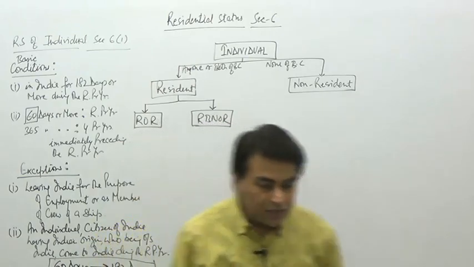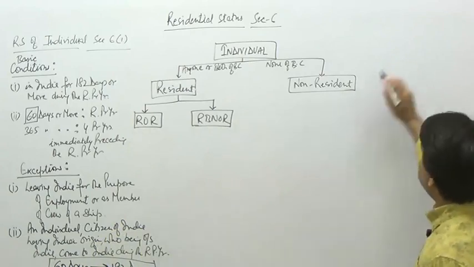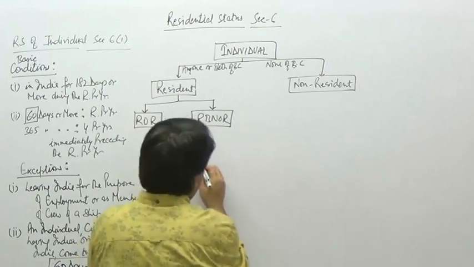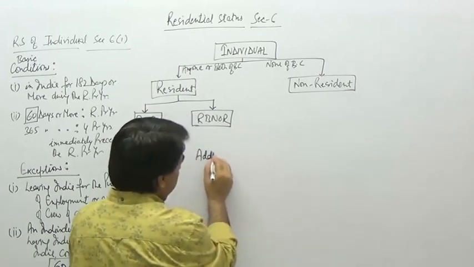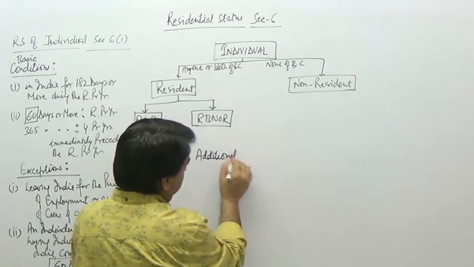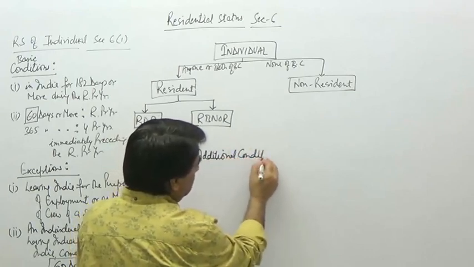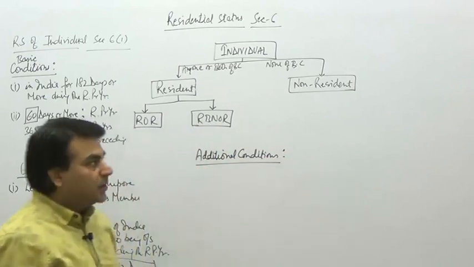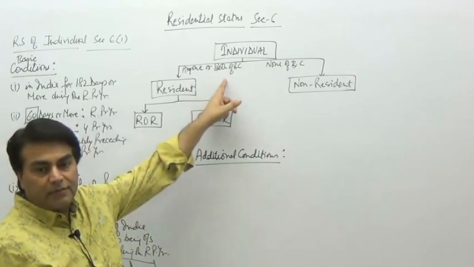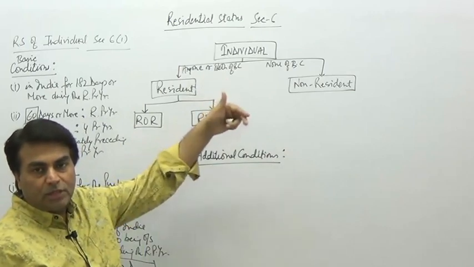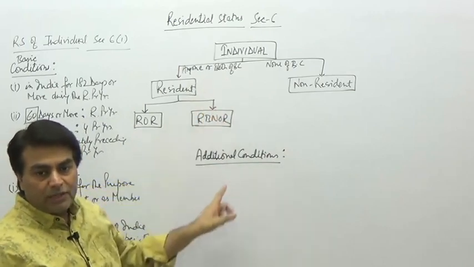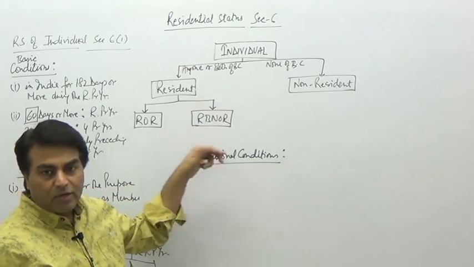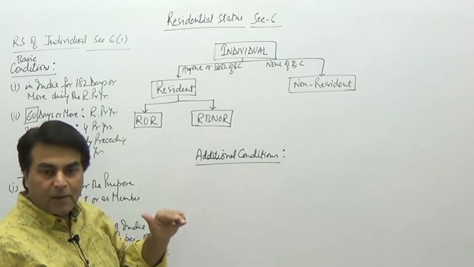Let me write them here. The basic conditions are for level number 1, the checking for resident or non-resident. Additional conditions are given to check whether he is ROR or RBNOR. That means second level checking.